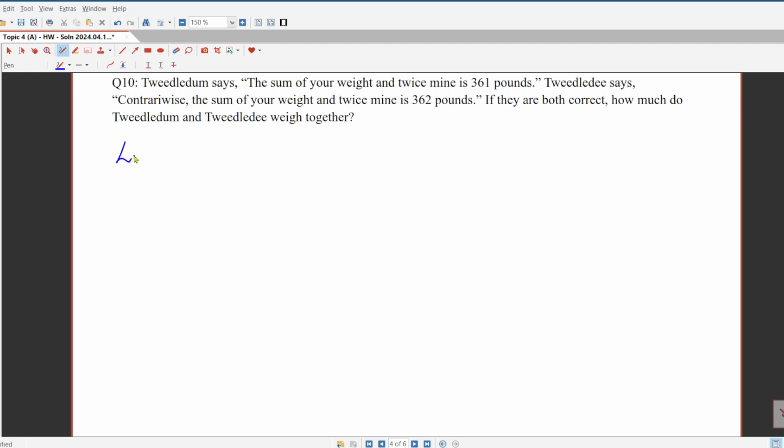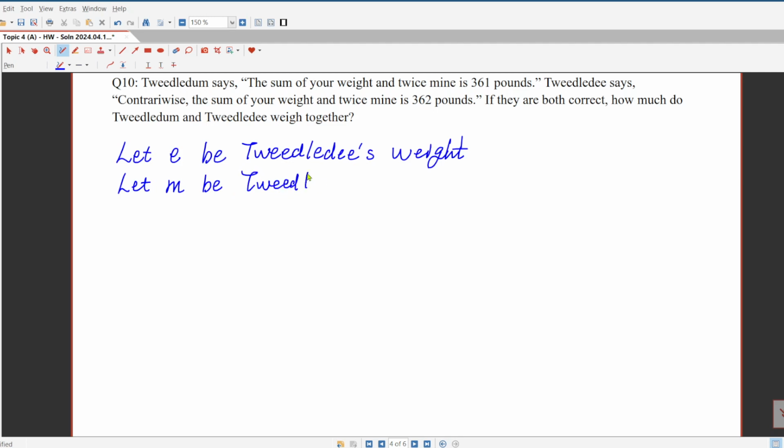For example, we could use letter E, B, Tweedledee, weight, and let the letter M be Tweedledum's weight, because E is from here, M is from here. This is very easy for us to remember the meaning of each variable, right?